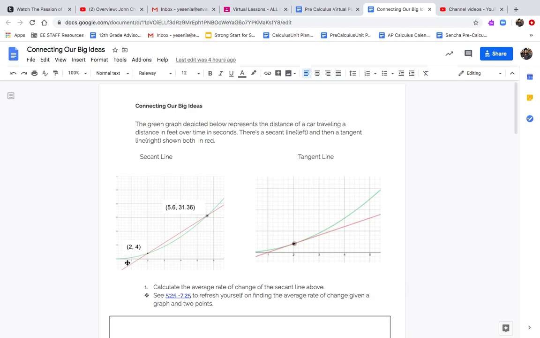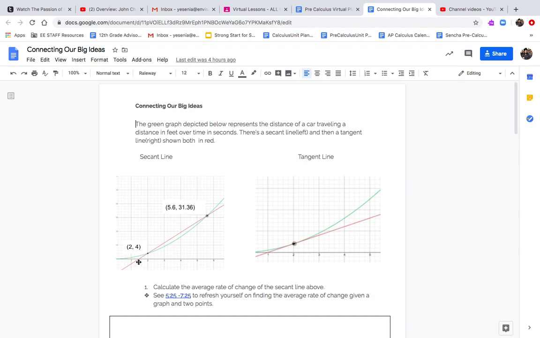Now what you have right here is this red line on the left side graph, which is a secant line. So remember, a secant line is a line that connects any 2 points on a graph, and the graph that we're talking about is this green graph, which is the distance of a car traveling over time in seconds. That's why there's two different graphs on here. We have this green graph representing a car traveling in seconds, and what we drew is a secant line.